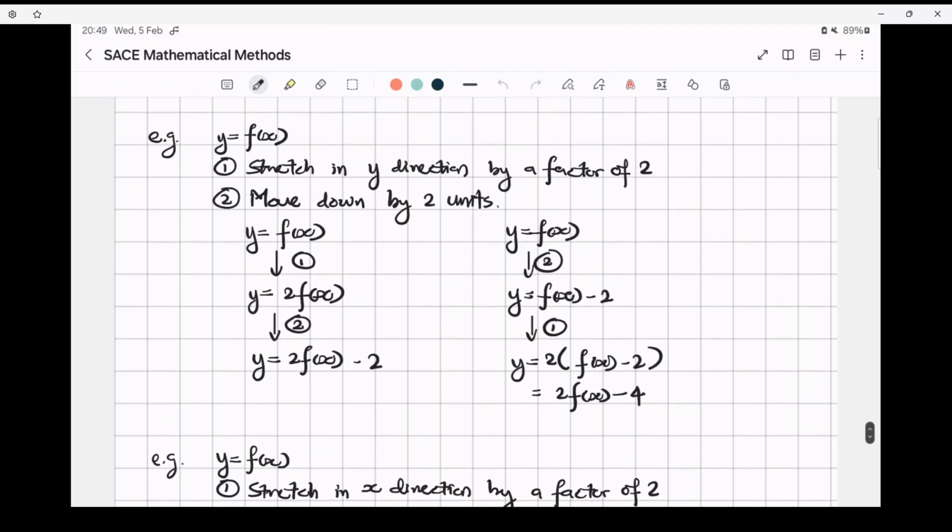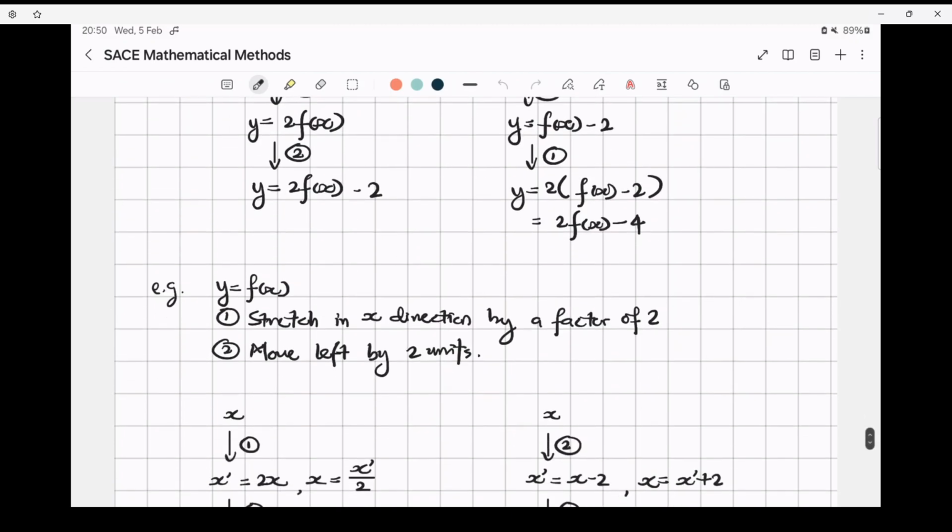Basically, from the last video, I mentioned that for the y-coordinate transformation, the function transformation is more straightforward. What I mean is that if you do the stretch or compress and then you do the translation for the y-coordinates, it will follow exactly what the numbers give you.